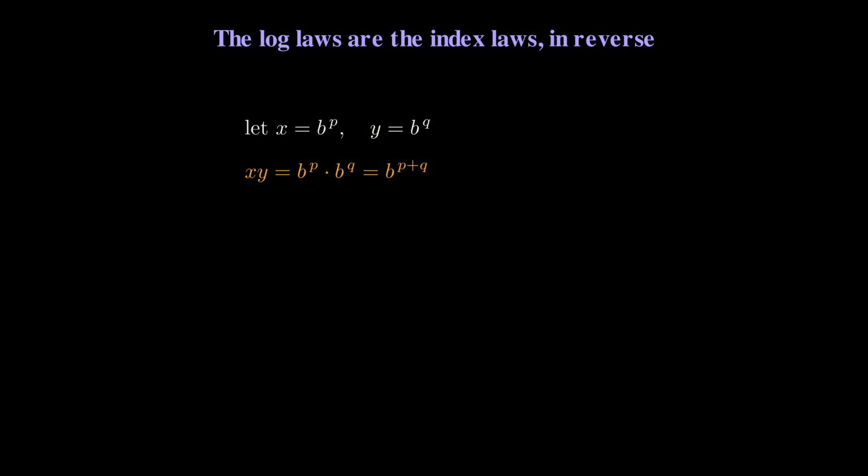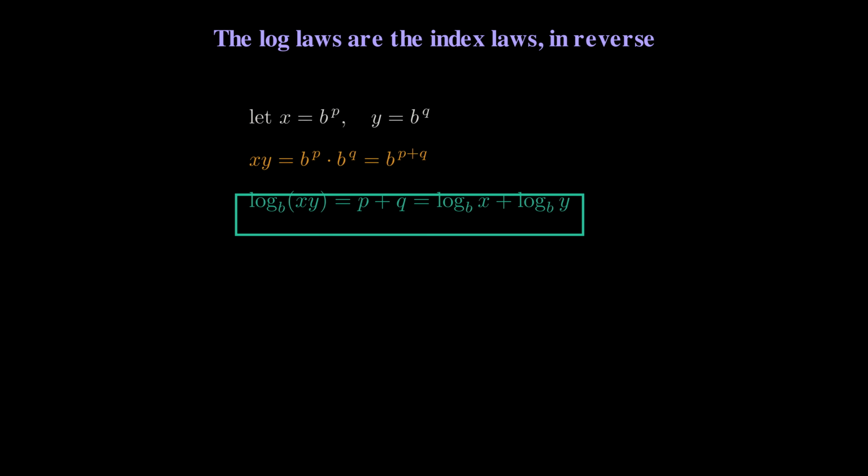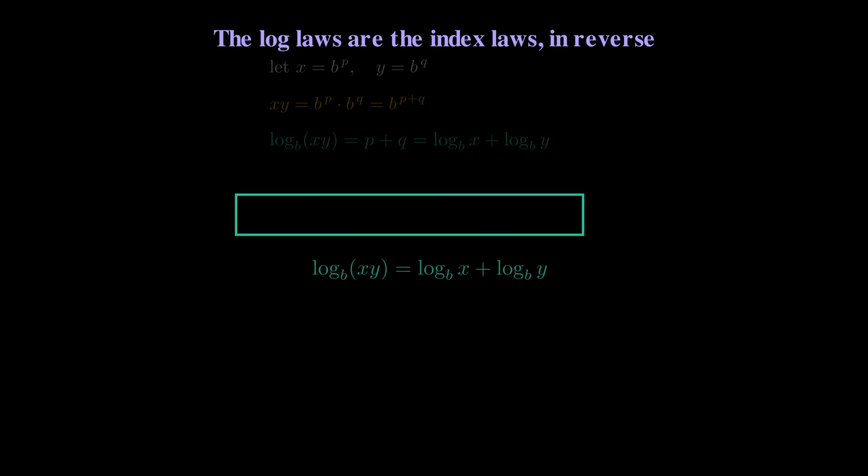It reads off that exponent p plus q, which is log x plus log y. The log of a product is the sum of the logs, because multiplying numbers means adding their exponents. Run the same argument with division, and you subtract. The log of a quotient is the difference of the logs, and the power law comes straight from the power of a power rule.